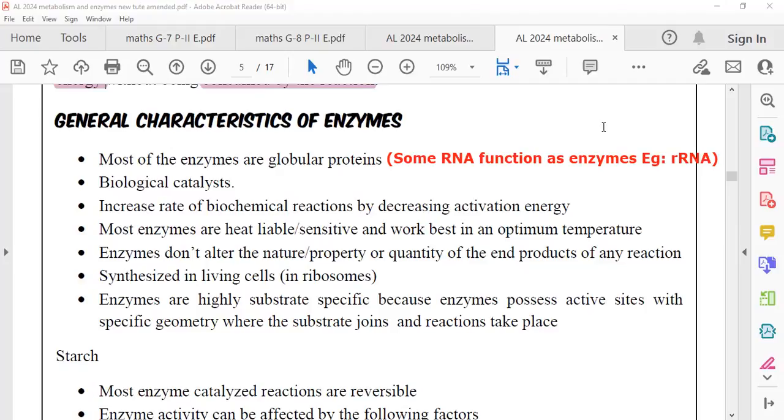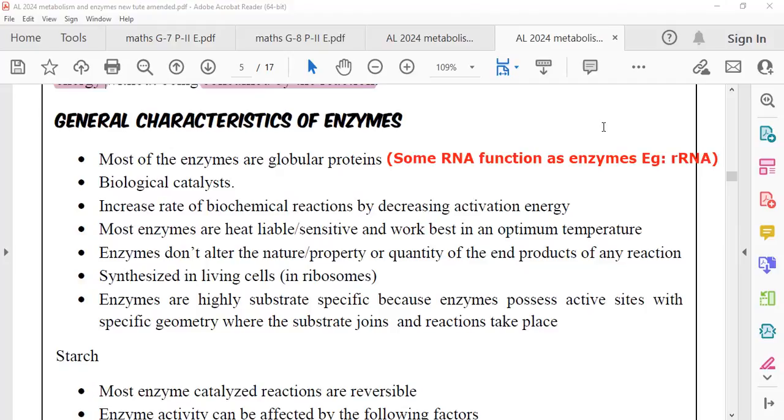Enzyme to enzyme, optimum temperature will differ. All the enzymes don't have the same optimum temperature. But if you give the optimum temperature, the enzyme's function will be at its best.